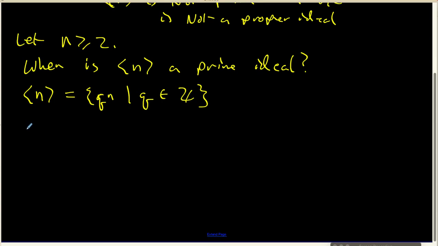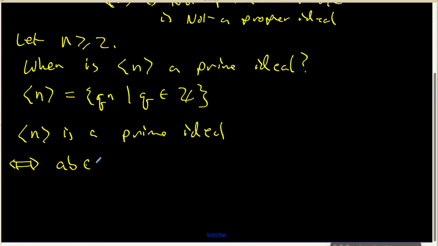And I know what a prime ideal is. This ideal is a prime ideal if and only if we have ab inside the ideal implies either a is inside the ideal or b is inside the ideal.